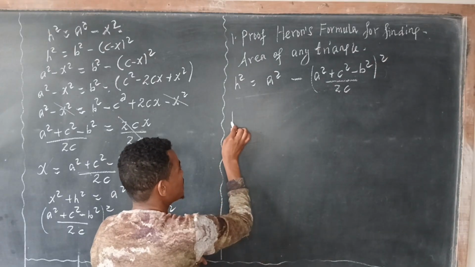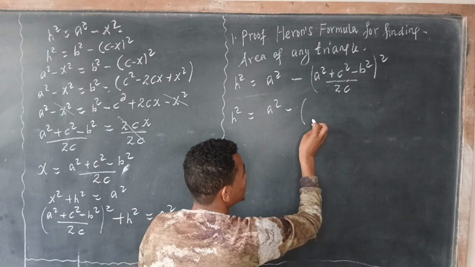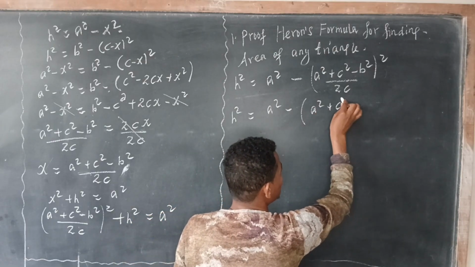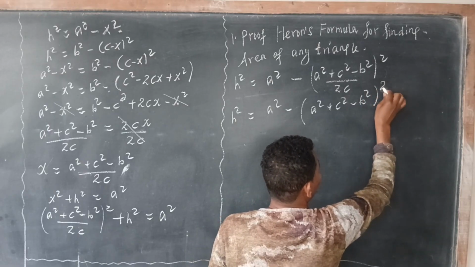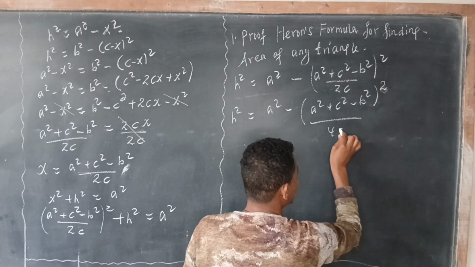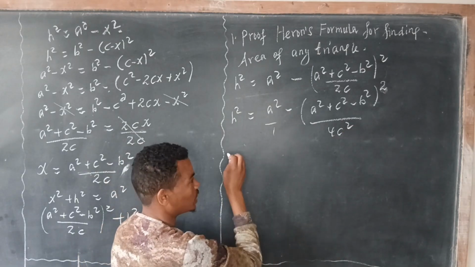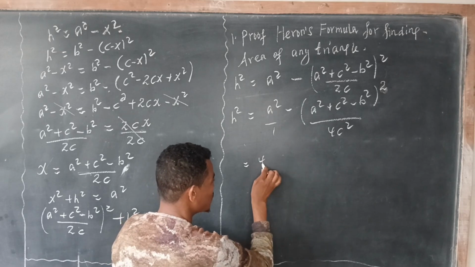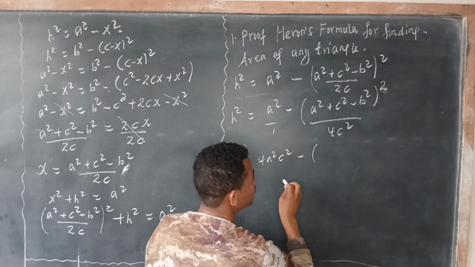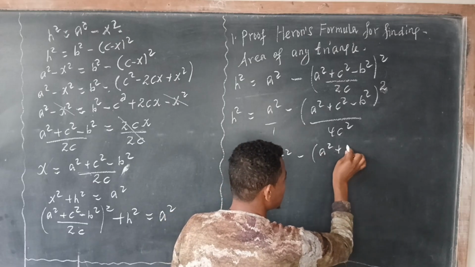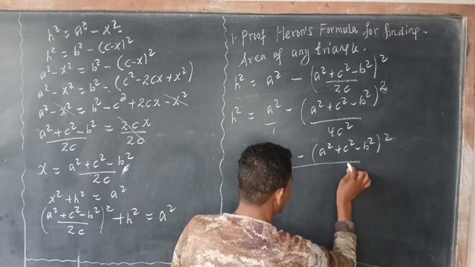And this is the same as h square is equal to a square minus (a square plus c square minus b square) the whole square over 4c square. Crisscross over 1, it is the same as 4a square c square minus (a square plus c square minus b square) the whole square over 4c square.